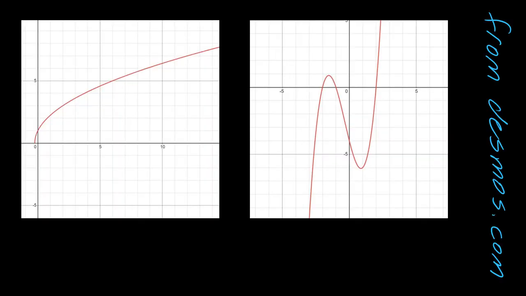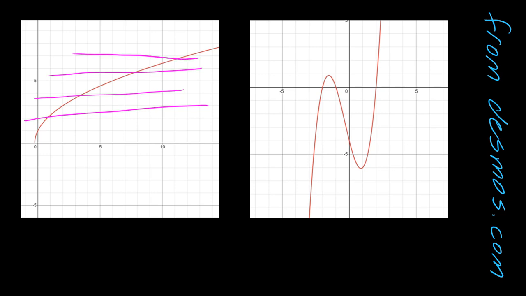I just brought up the vertical line test, so let's confirm. With the vertical line test, you go this way, and as long as these vertical lines only intersect the graph once, it's a function. The horizontal line test just goes the other direction. As long as the lines only intersect once, then it's one-to-one. So this would be one-to-one.